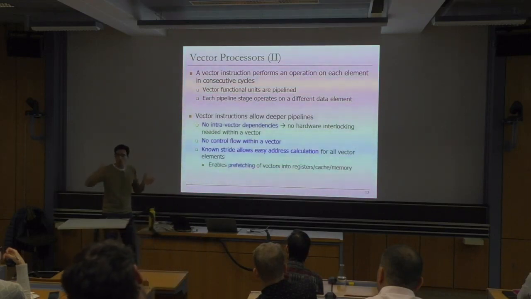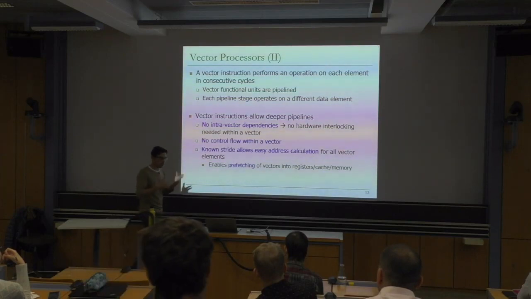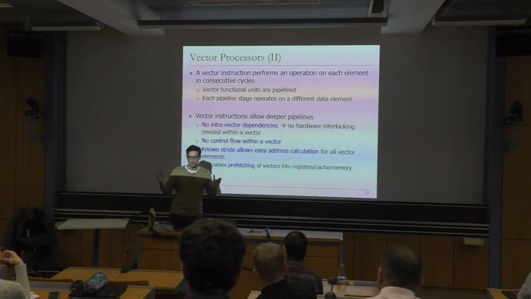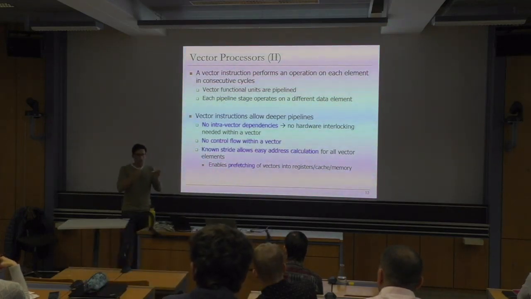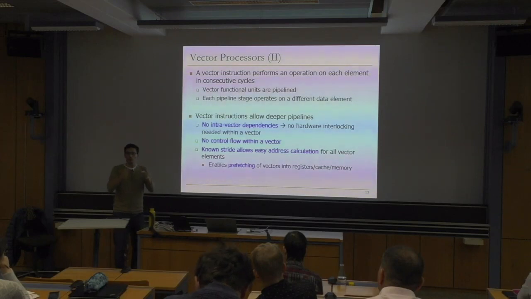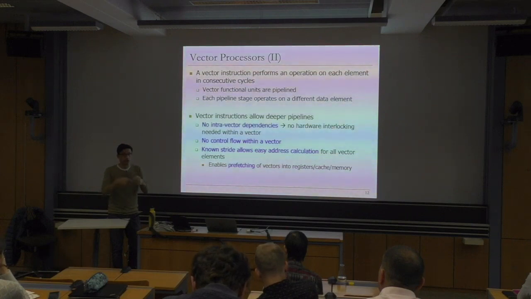We can have more pipeline stages, and I'm pretty sure that you're familiar with pipelining, right? You might remember that in a pipeline we have multiple stages. The more computation that we have in each of the stages, the longer the cycle will be, because we have more combinational components there, so we need more time to traverse them all.